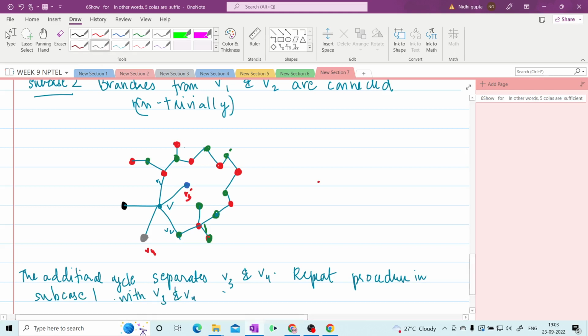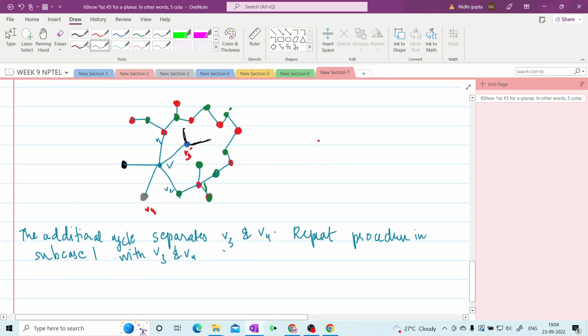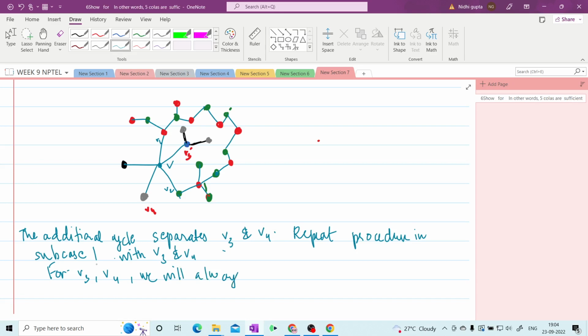If you have some additional vertices, for V3 and V4 we'll always end up in subcase 1.